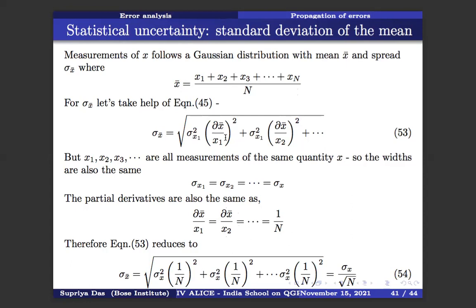Then if you put these values here, what you get is this. Sigma x bar, the spread in the mean, is the spread you measure for one measurement divided by the square root of n. And this is very, very important in the analysis of statistical uncertainty. If you ask your supervisor or your senior, I have measured it so many times, what is the statistical uncertainty?